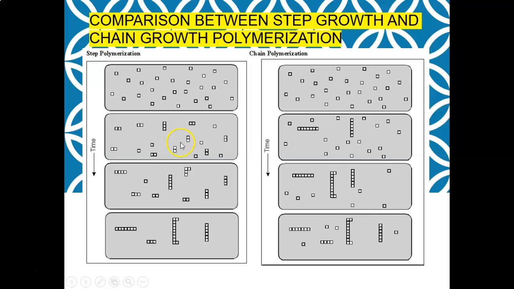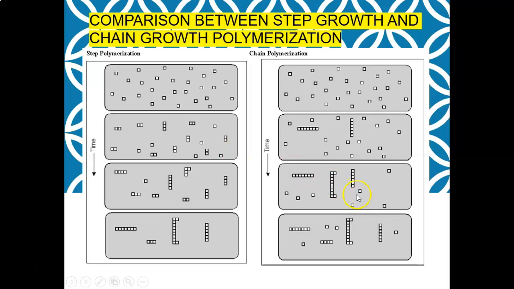In the second image, we can see that high molecular weight is obtained initially and continuously during the chain polymerization process, compared to step growth, where the molecular weight increases with conversion and reacts slowly.